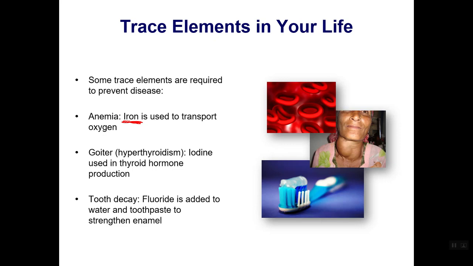Iron is an atom that is a component of a protein called hemoglobin. If you've ever had blood drawn, you might have even talked to your doctor about your hemoglobin levels. But hemoglobin is a molecule that is packed within red blood cells. And in those red blood cells, that hemoglobin works to help transport oxygen.